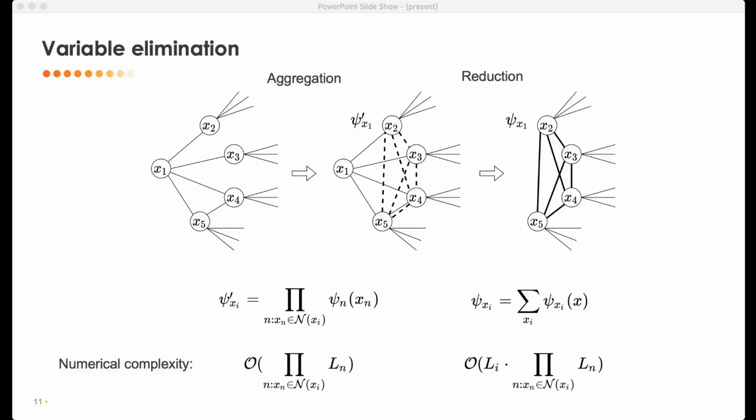If each variable can take up to L values, then we'll need L to the power of the number of neighbors multiplications to perform this operation. Another step of the algorithm is a reduction step, where we remove a selected variable from the graph by summing over its values or taking a maximum. To do that, we need L to the power of the number of neighbors plus 1 operations.